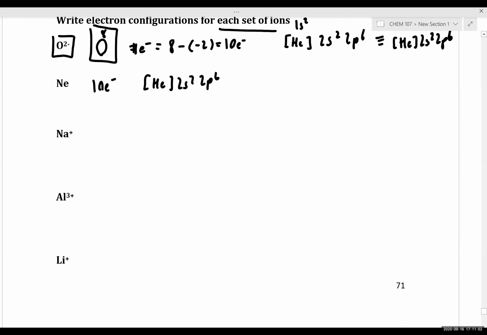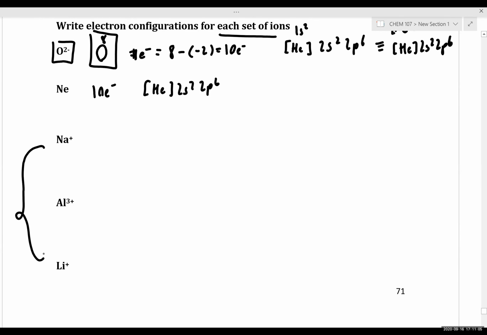So what I'd like you to do is look at the following 3 cations and propose an electron configuration for each of them. Note, just for completeness, I'd like you to write out the noble gas configuration identifying the core and valence electrons, because noble gases being 8A elements will have 8 valence electrons.